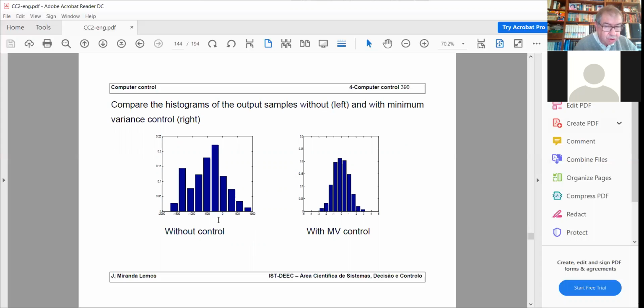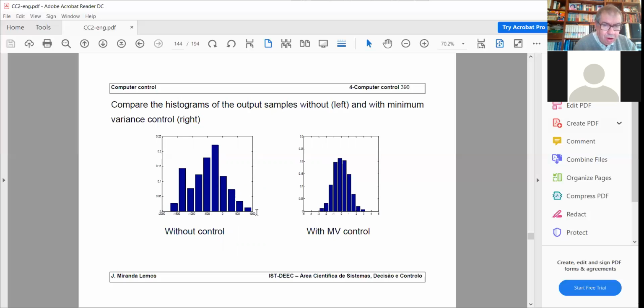I do this for the open loop case between -2000 and +2000, and I have, I don't know, 1, 2, 3, 4, 5, 6, 7, 8, 9, 10 boxes. So I have 10 boxes between -2000 and 1000. And I count the number of values within these boxes. So I build the histogram, and I have this distribution.